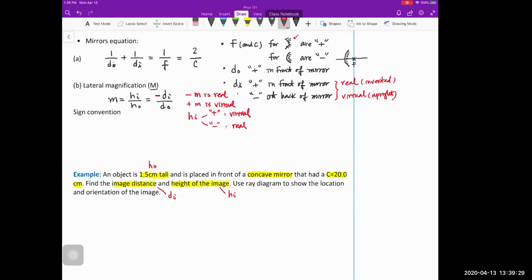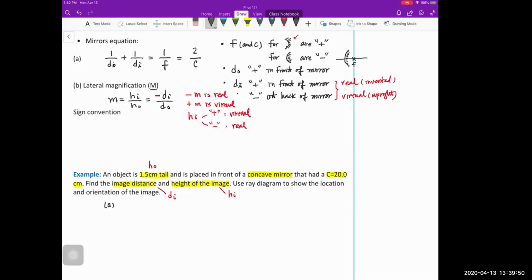Yes, we could, but we are still missing one thing, and that is where the object is. So to do this calculation, another thing you need to know is the location of the object.